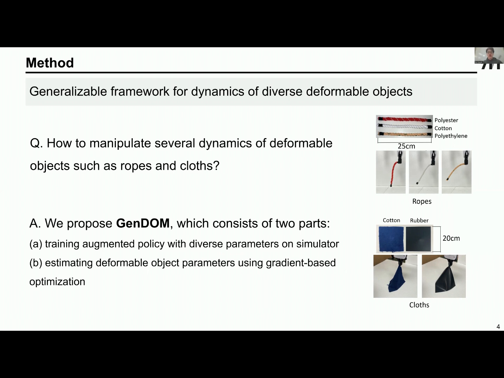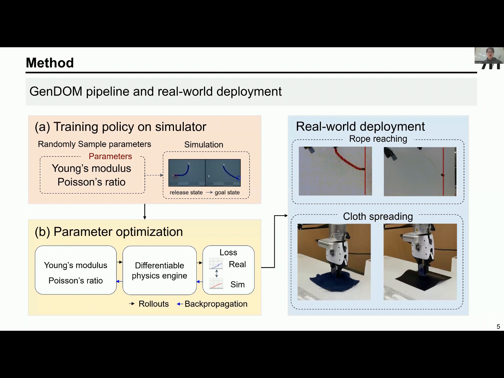First, training an augmented policy with diverse parameters in a simulator. Next, estimating deformable object parameters using gradient-based optimization. This is an overview of our method. In the simulation, as shown in A, we pre-trained the task policy by randomly sampling parameters. Specifically, our research concentrates on Young's modulus and Poisson's ratio as parameters that determine the characteristics of a deformable object.